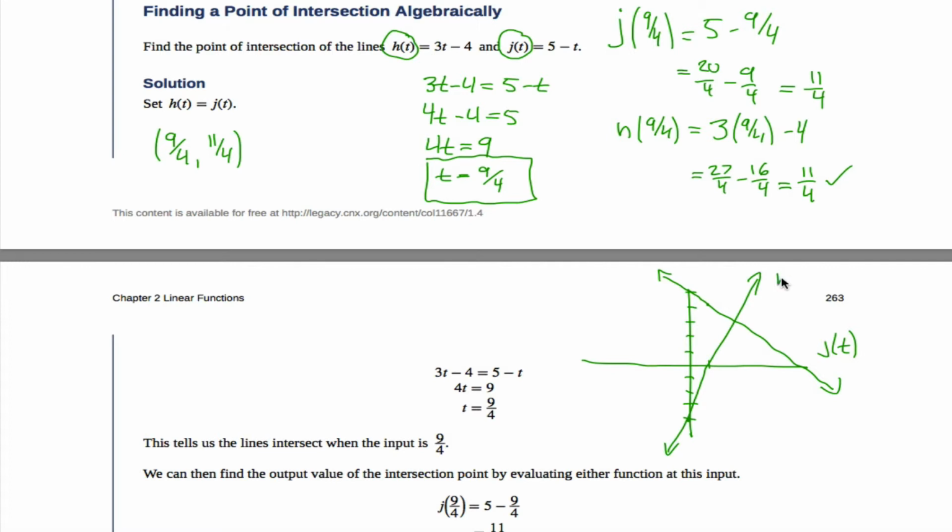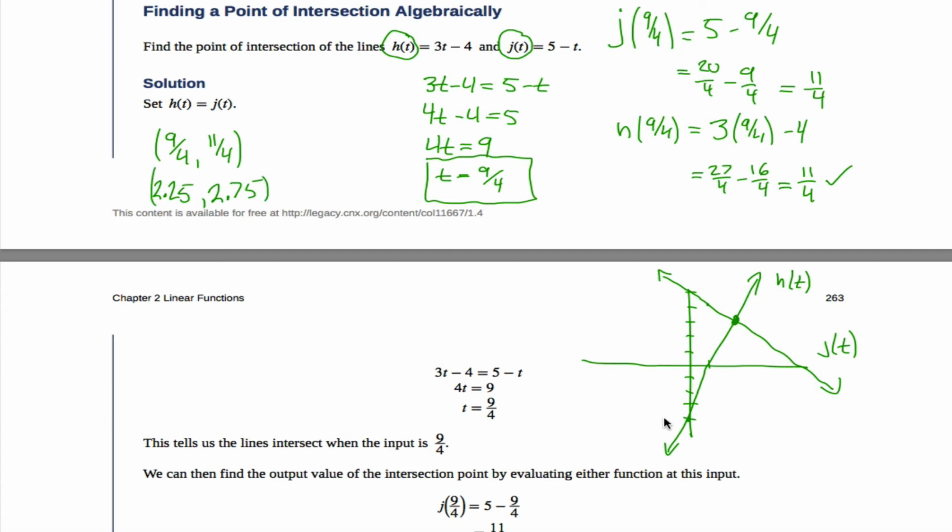What is this? H of t. This point right here, I can't tell exactly what it is, but would you buy that it's about 9/4, 11/4? I don't know. Okay, what if I told you that 9/4 was 2 1/4, and 11/4 is 2 3/4?